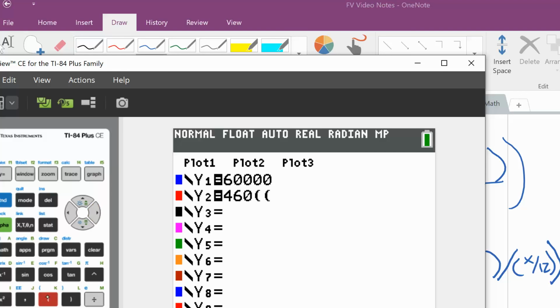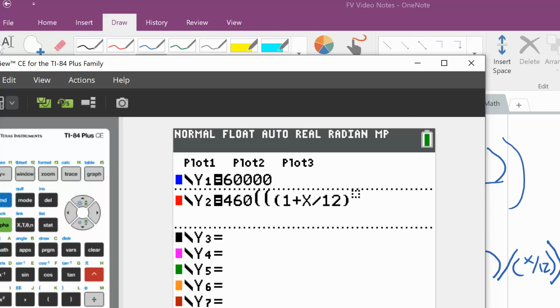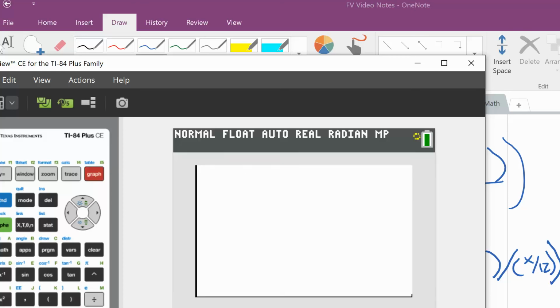Parenthesis, parenthesis, parenthesis. 1 plus x divided by 12, parenthesis, raised to the 12 times 8 power, minus 1, parenthesis, divided by, parenthesis, x divided by 12, parenthesis, parenthesis. All right. Now when you hit graph, it may not show up for you.